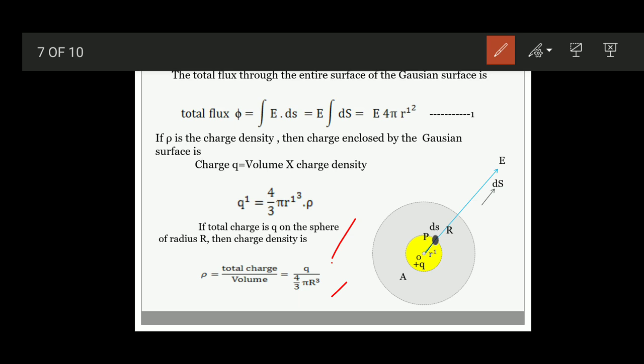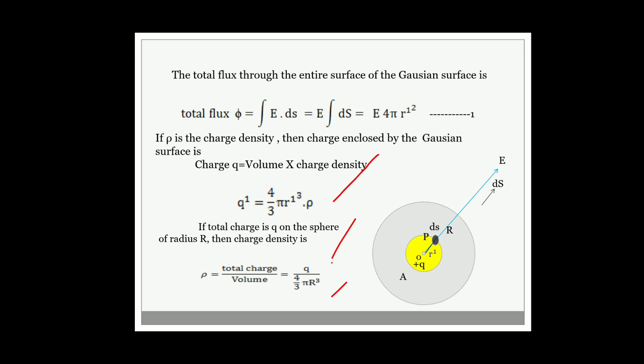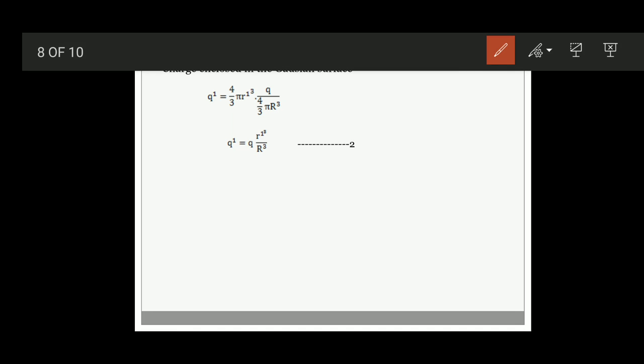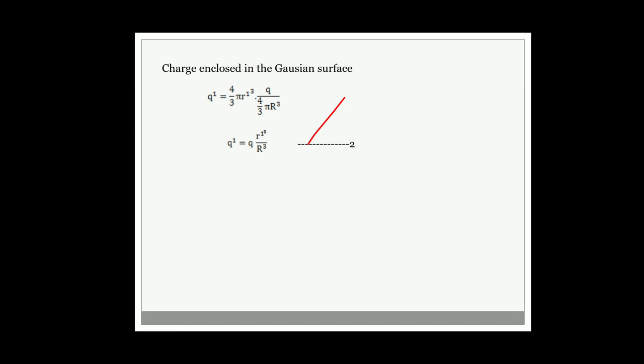When we substitute into the above equation, the charge within the Gaussian sphere, q dash, is equal to 4/3 pi r dash cube into Q by 4/3 pi R cube. The 4/3 pi cancel each other, so the charge within the Gaussian sphere q dash is equal to Q into r dash cube by R cube.